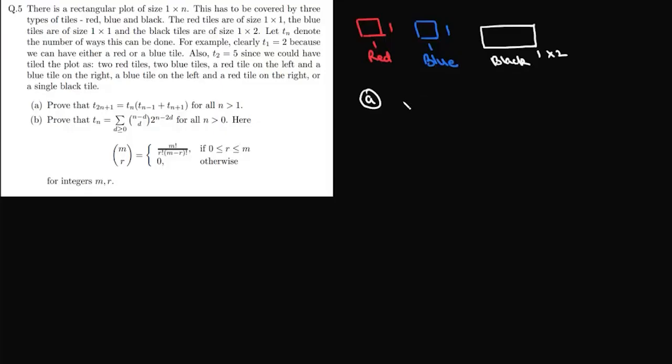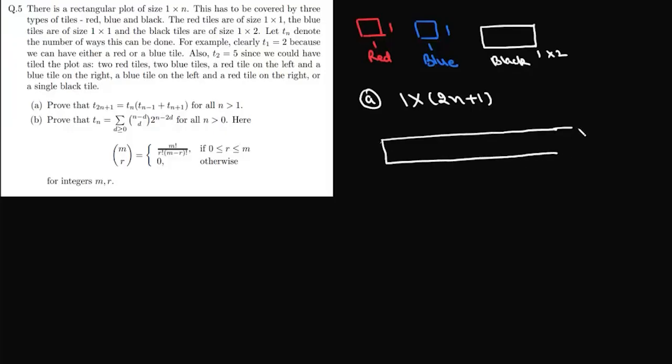So now for this first case we have this plot of dimension 1 into 2n+1. So here we have this plot dimension of 1 cross 2n+1. Now let us break it in tiles of 1 cross 1.